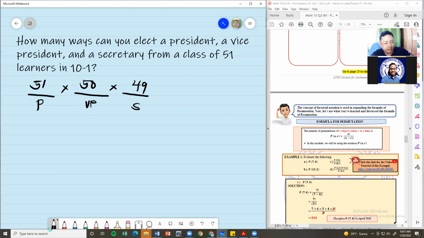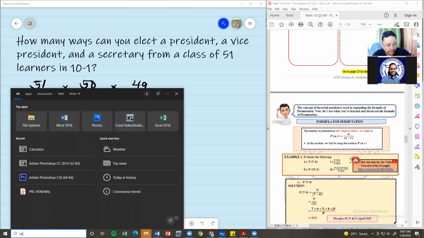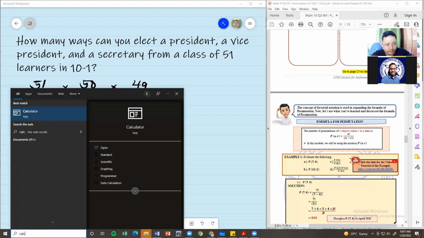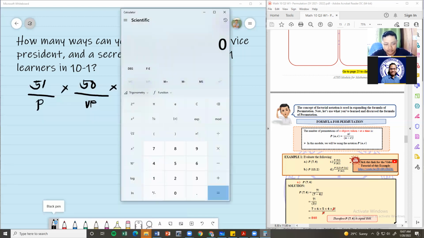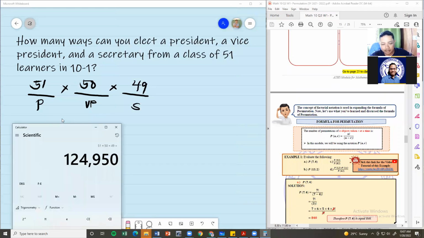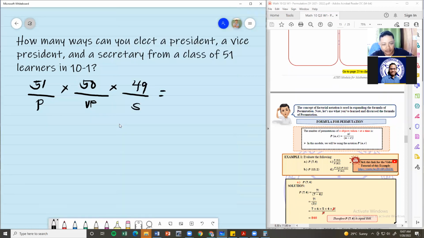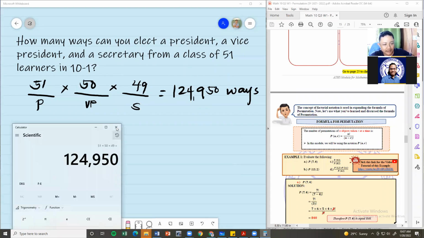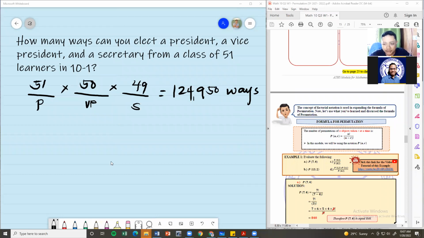When I press this in the calculator, 51 times 50 times 49, the answer is 124,950. Tingnan natin kung pareho magiging sagot mamaya sa permutation formula. 124,950 ways. Okay. That's it. Tama ba nilagay ko? That's correct.